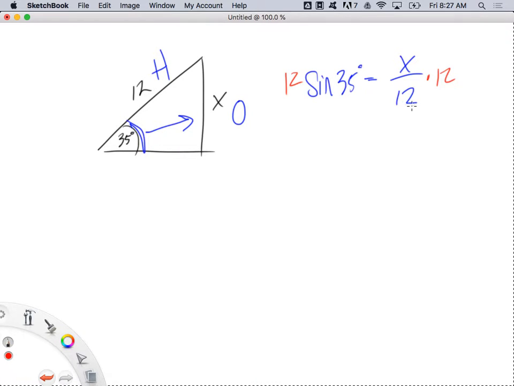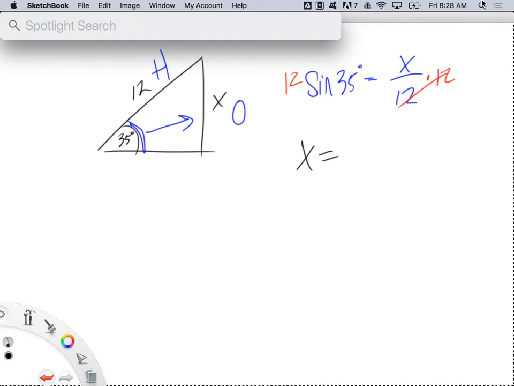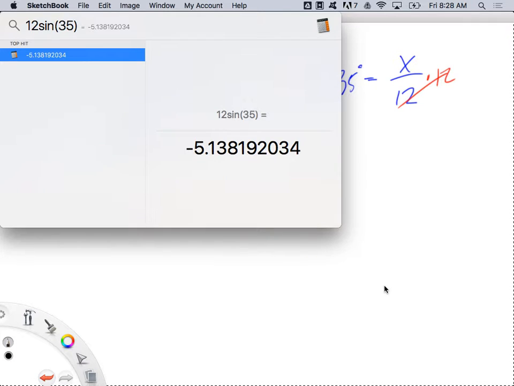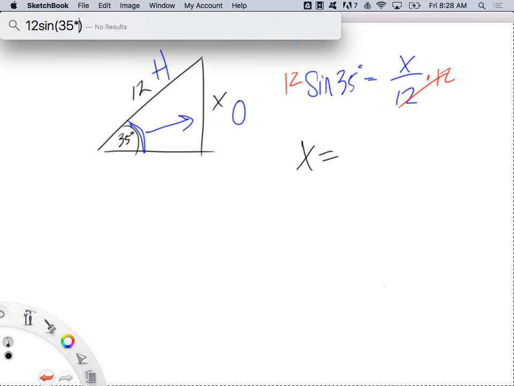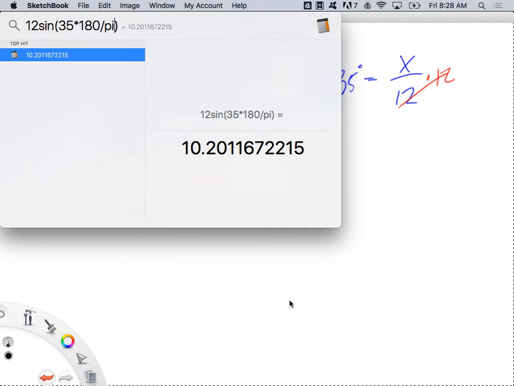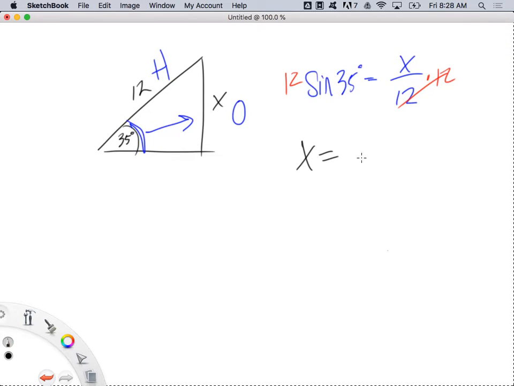Multiply both sides by 12. Simple as that, okay? You don't need inverse when you have to find the angle. Exactly. So 12 sine of 35 is 10.2. Does that make sense? Is that pretty clear? Okay. Good.